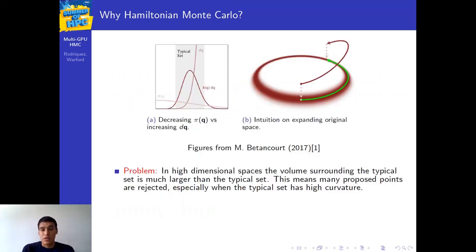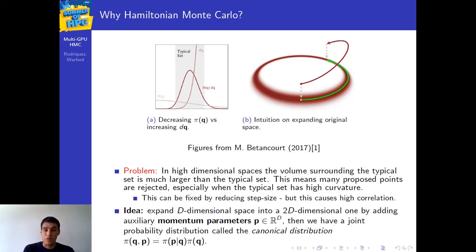But it's really important to keep in mind that as dimension increases, it's really hard to sample in the space where this product of the probability distribution function and the volume is important. So because of this, we move to Hamiltonian Monte Carlo.